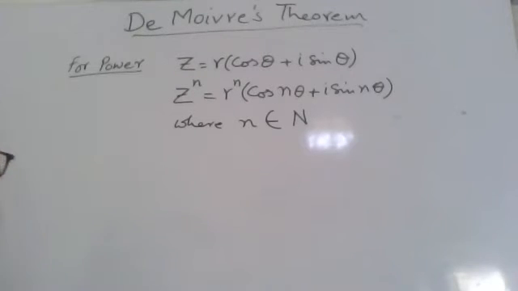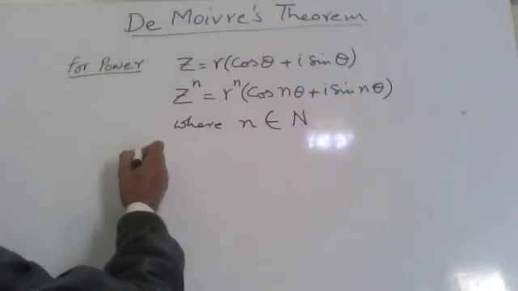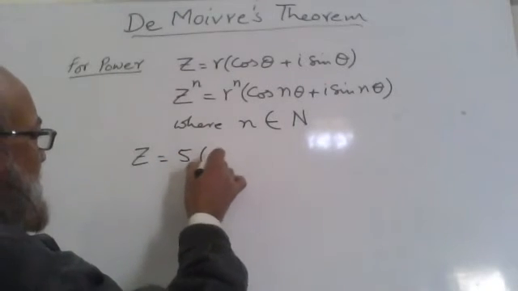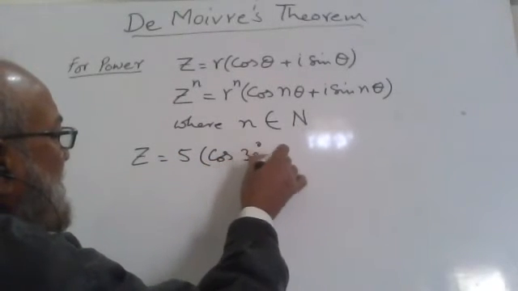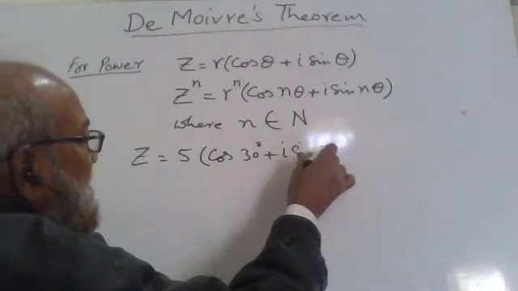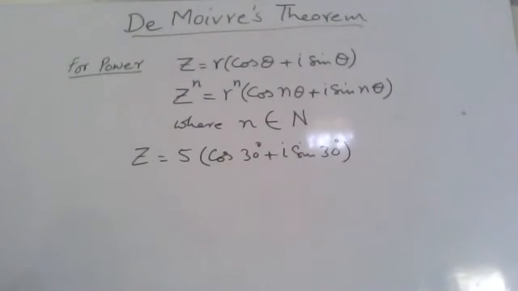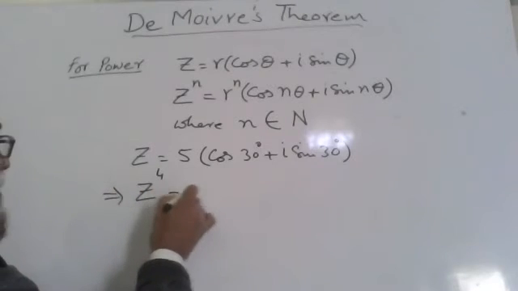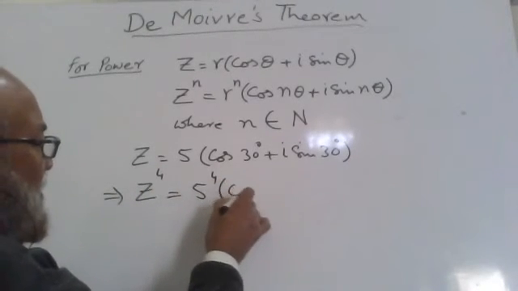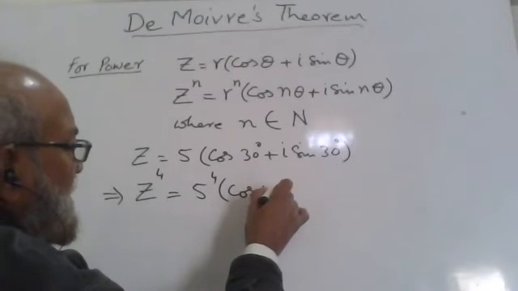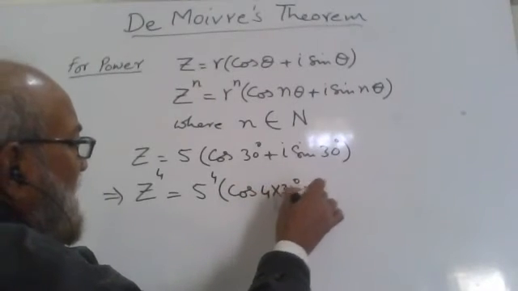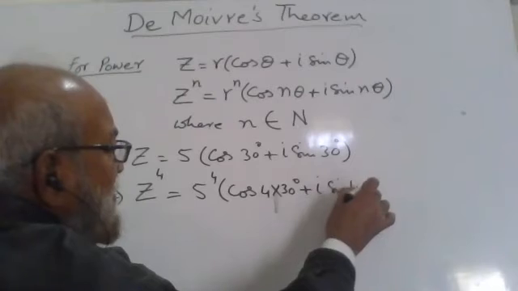For example, if we are given Z is equal to 5 cos 30 degree plus iota sin 30 degree, and we are asked to find Z raised to power 4, then Z raised to power 4 will be equal to 5 raised to power 4 into cos of 4 into 30 degree plus iota sin 4 into 30 degree.